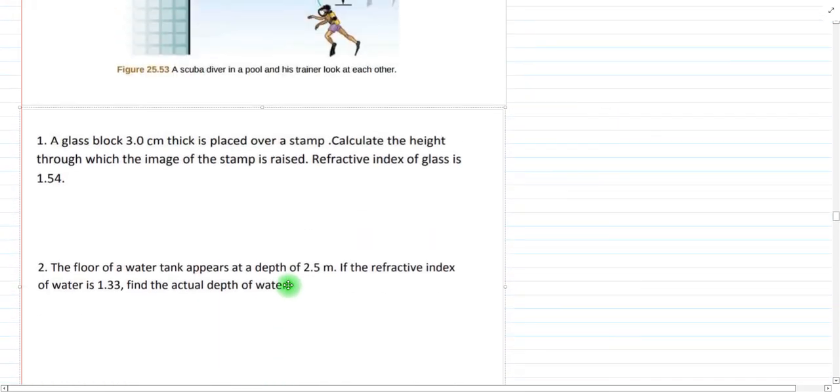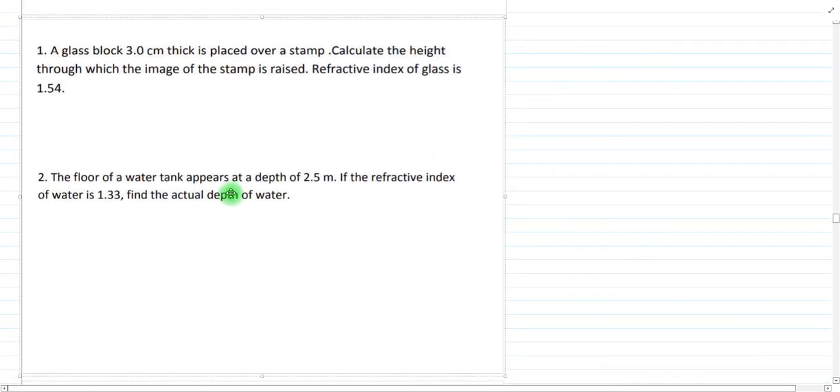Now let's do some problems. One problem: a glass block 3 centimeter thick is placed over a stem. Suppose this one is a stem, and a glass block is placed on it, and the thickness is written 3 centimeter.